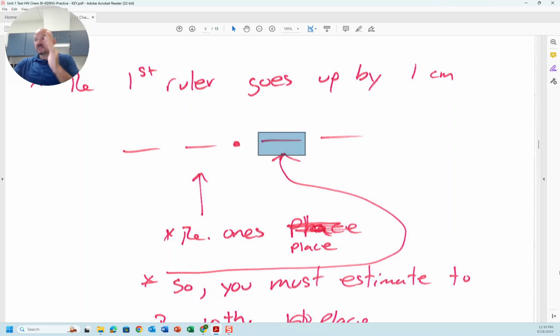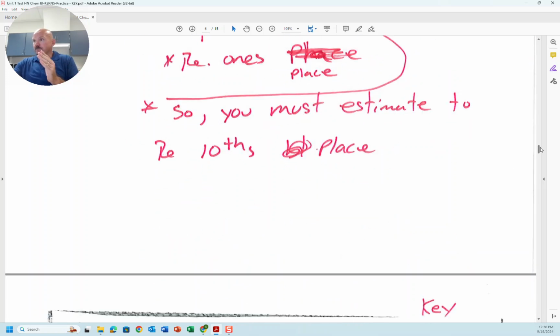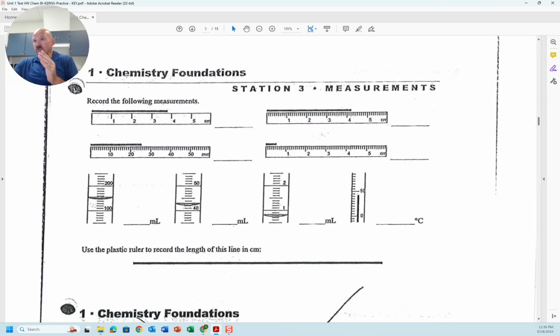So as soon as you know the graduations are the ones place, that means if I'm using this particular ruler right here, all of my measurements should have 1 decimal place. It should be to the tenths place.